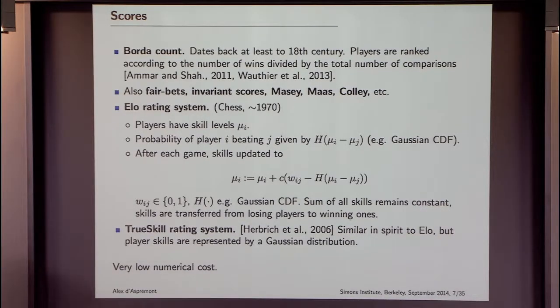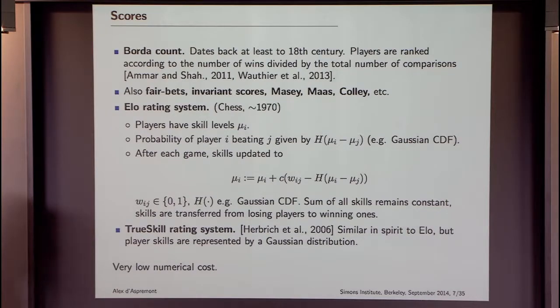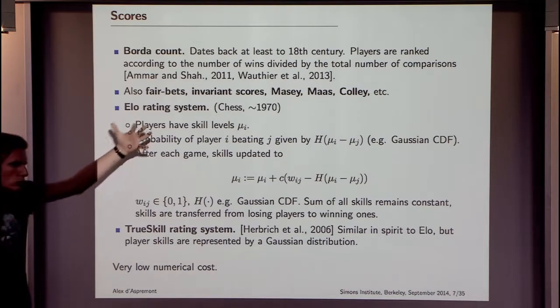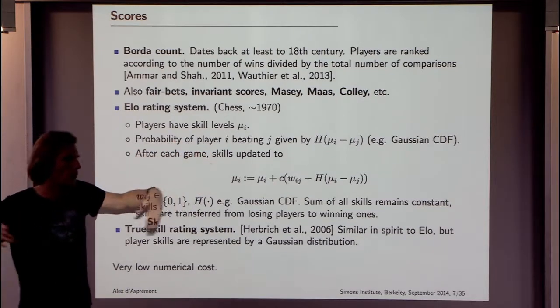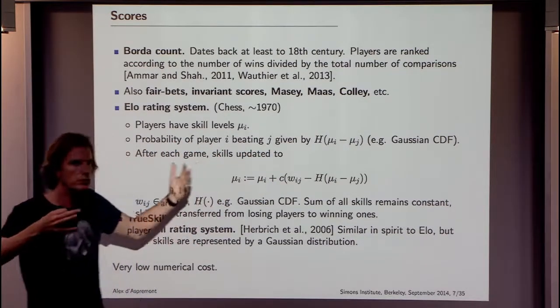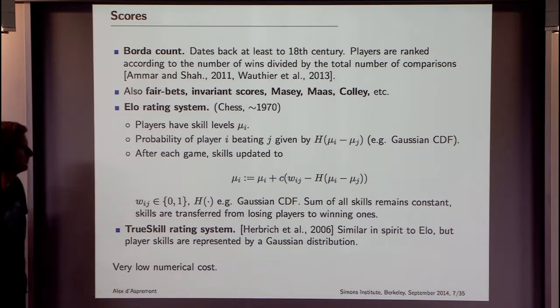And you assume that the probability of player i beating j is given by a certain function H, which is typically a Gaussian CDF, of the difference between the player skills. Okay? And so there is this total skill budget that's shared by all the players. And every time players play each other, they exchange skills. Okay? According to a formula.